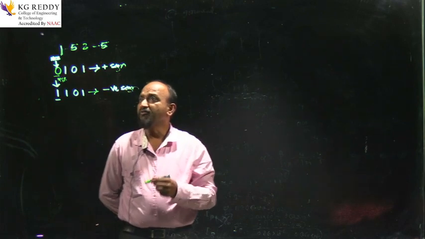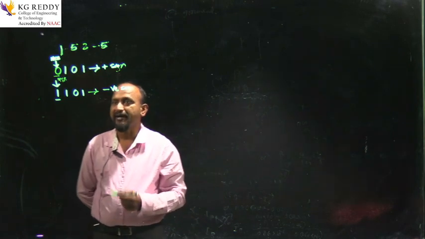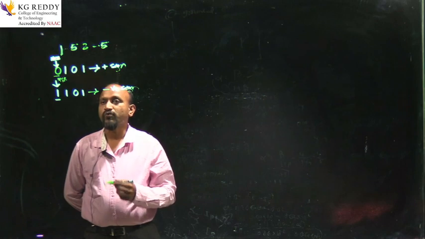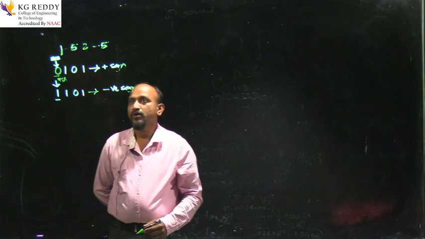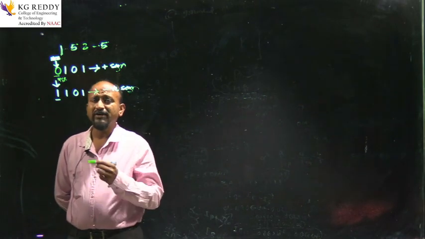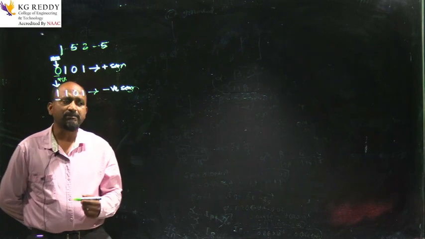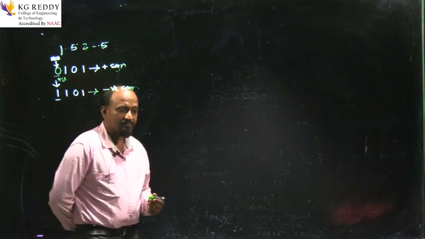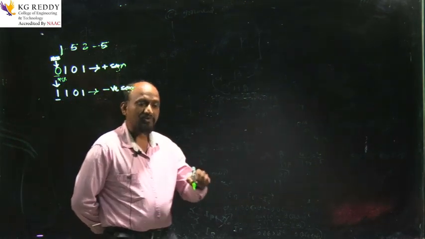Then how do we represent the same plus 5 and minus 5 using the one's complement? What is the one's complement? One's complement is the negative version of the original number.